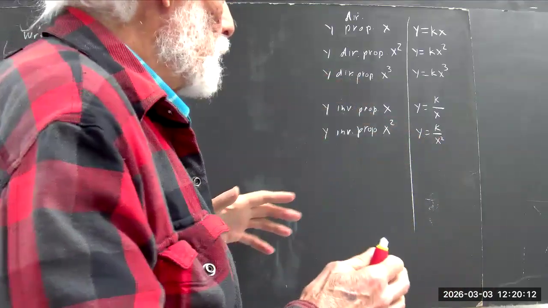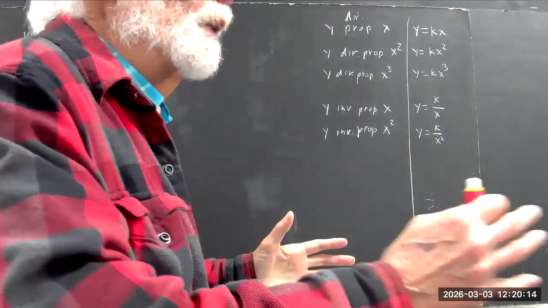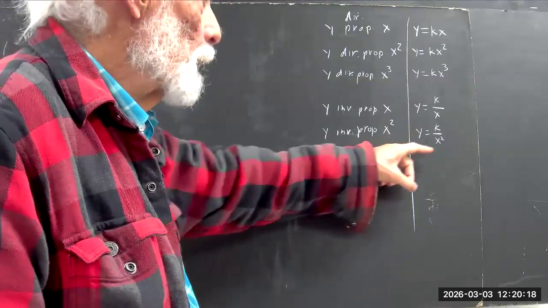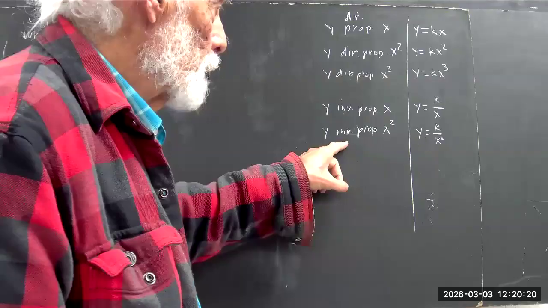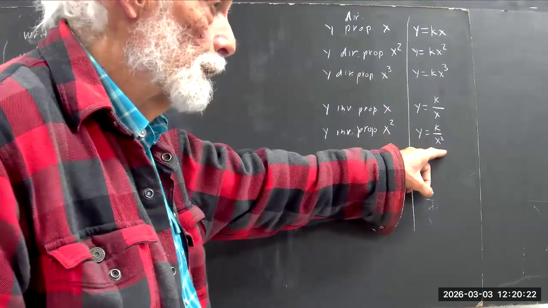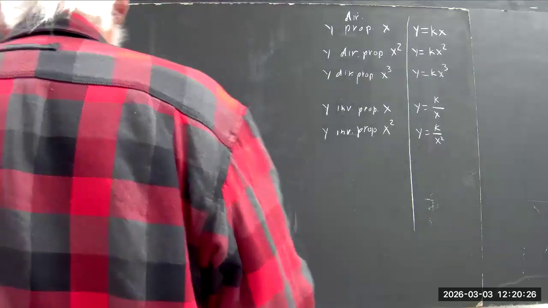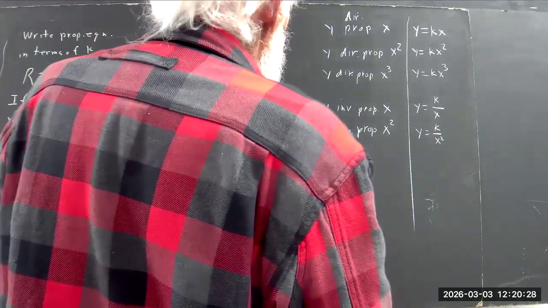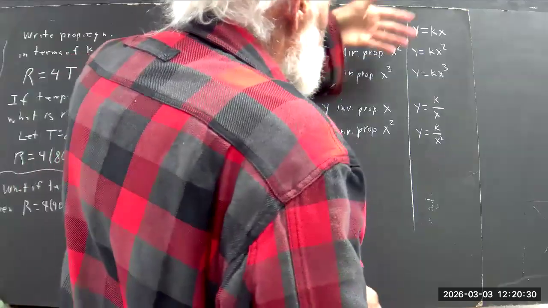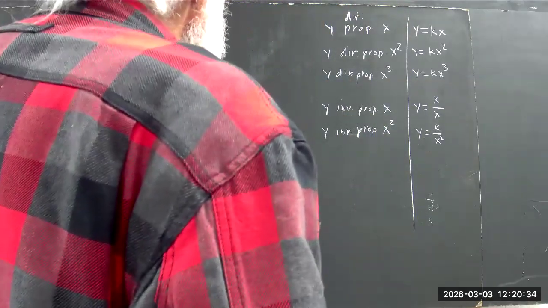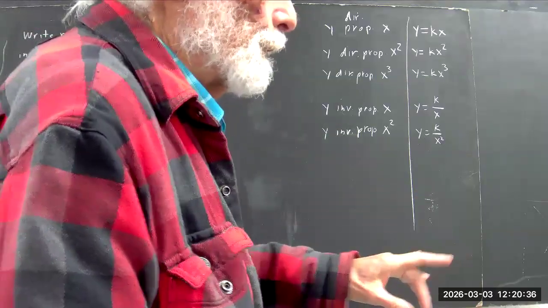Okay, not a convenient place to be, but as you move away from the Earth, gravitational attraction is an inverse square, inversely proportional to the square of your distance from the center. And you can have proportional to the square root of x or the cube root of x or whatever. I could do a lot of examples.